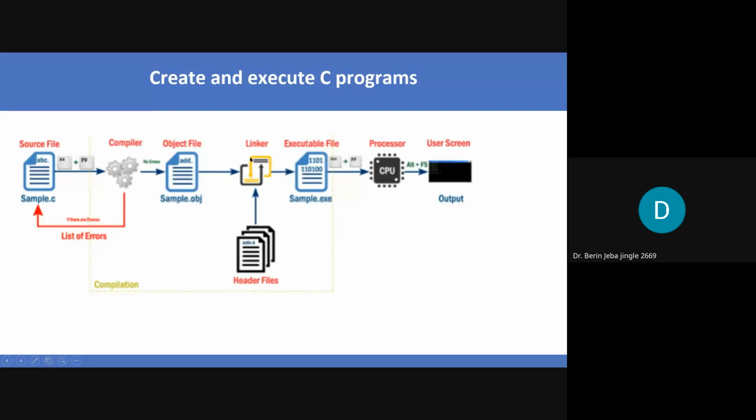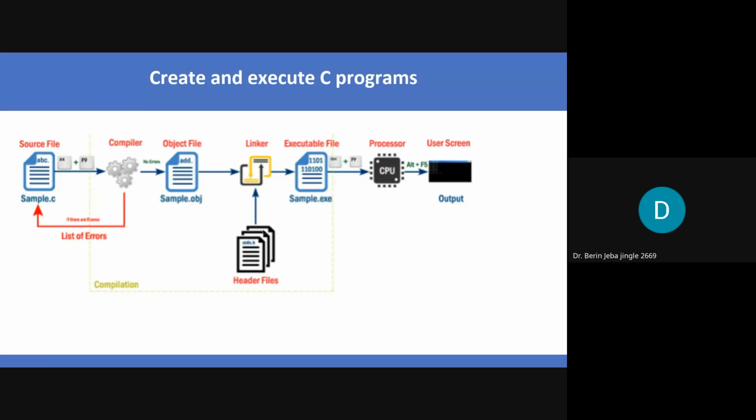Now the linker, I already told you. In a C program, for example, we will be giving a header file, hash include stdio.h. Why? Because it is the standard input output header file. So what is the linker used for? It is linking the header file library, whatever header files you are using.